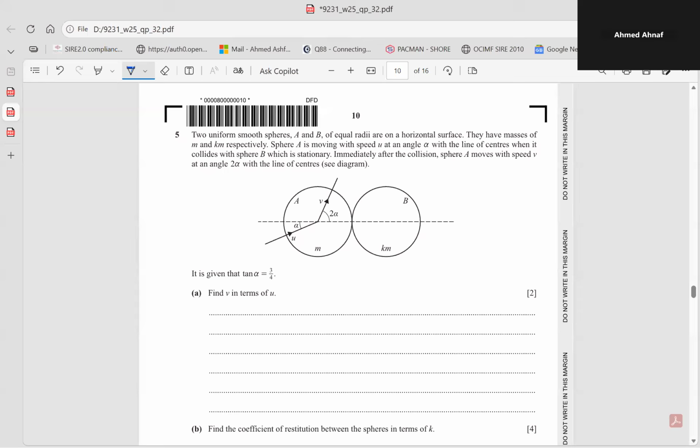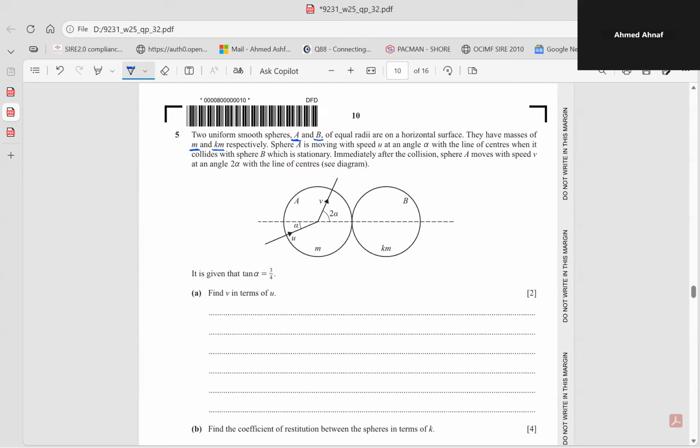Okay, so for this question, we're told that two uniform smooth spheres A and B of equal radii are on a horizontal surface. Their masses are m and km respectively. So sphere A is m and the mass of sphere B is km.